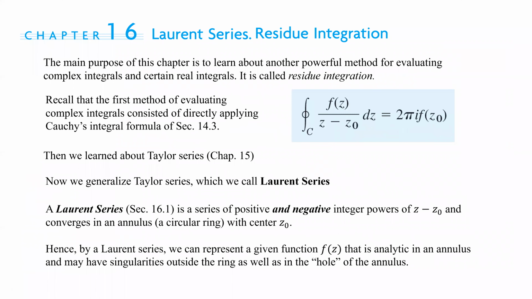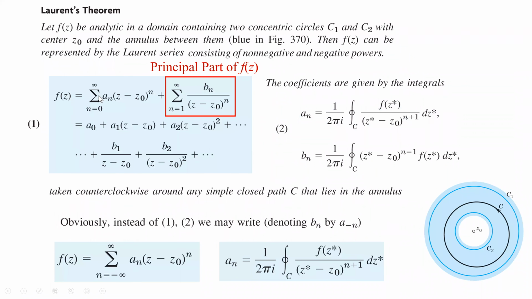So far in chapter 16, we talked about the Laurent series and residue integration. We introduced the Laurent theorem, or Laurent series. One part is with positive powers of z minus z naught, expanded around z naught, and we have negative powers of z minus z naught.